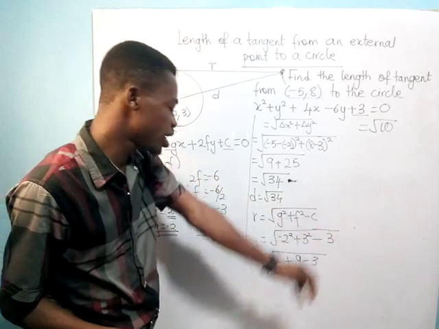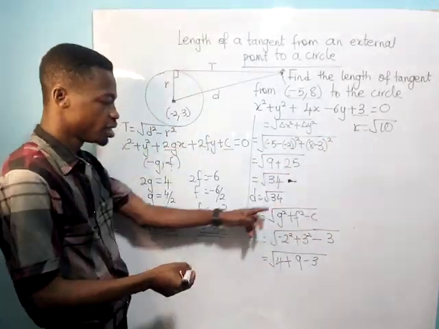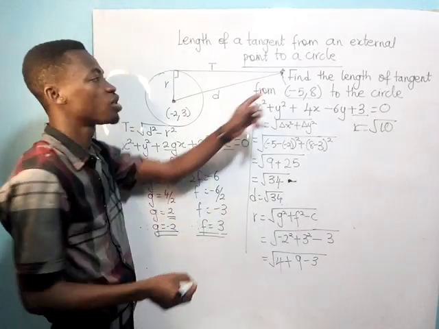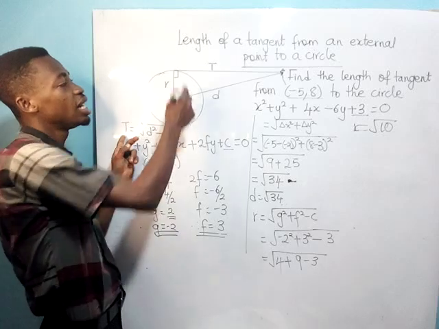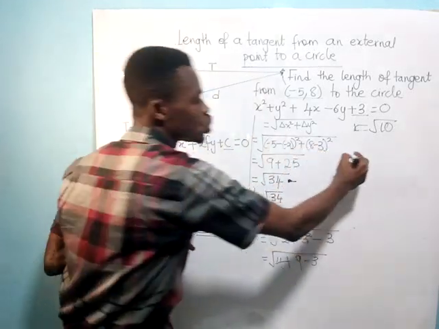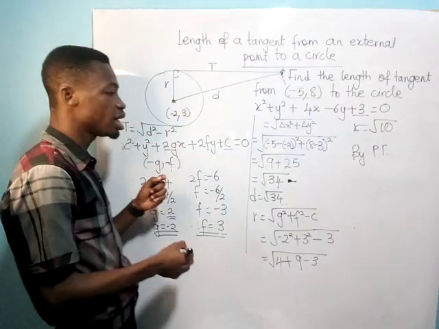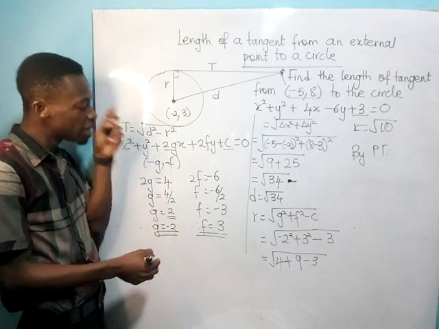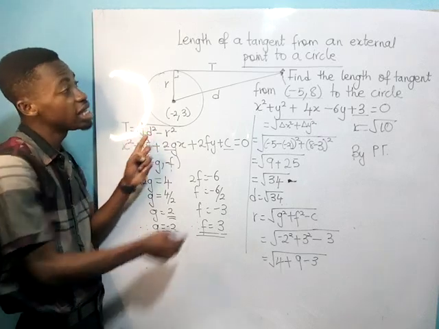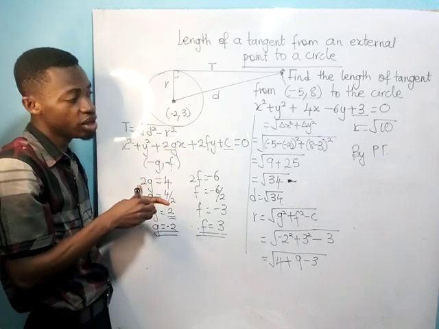Okay, so now since we have our radius, the square root of 10, we also have the distance from the external point to the center. We can now find the length of the tangent. So by Pythagoras, we stated that the length of the tangent is equal to the difference of squares of the distance from the external point to the center and that of the radius.